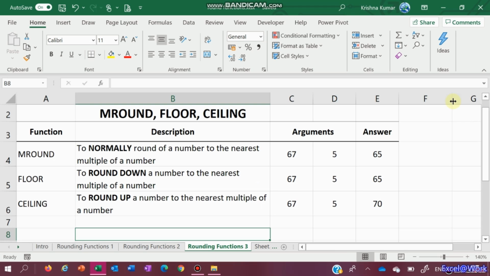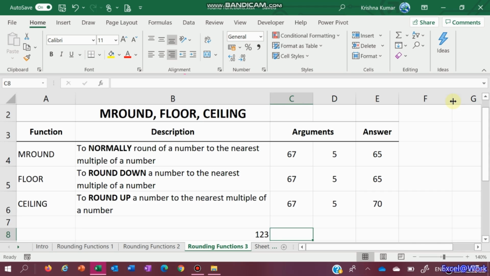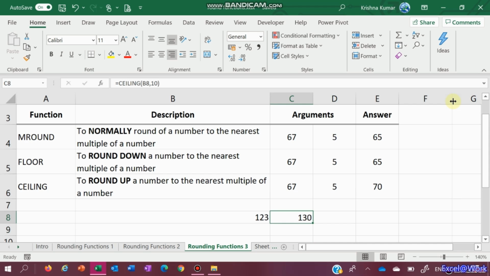Other practical uses: remember those Bata rates? The rate always ends in a 0.9 or 0.99, that sort of a thing. So here, when the rate is, let us say, 123, and you want the rate to look like a Bata rate, what you do is you first get 130.